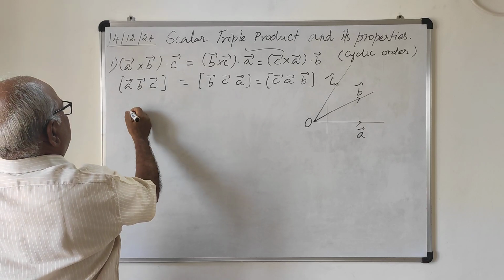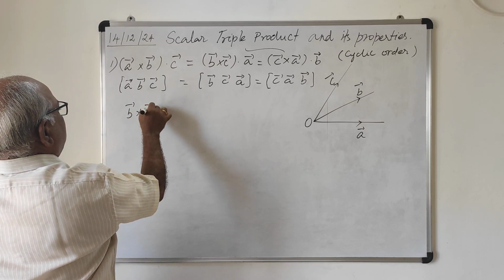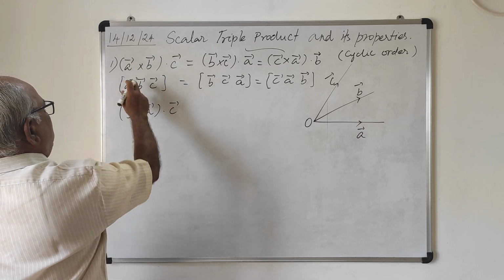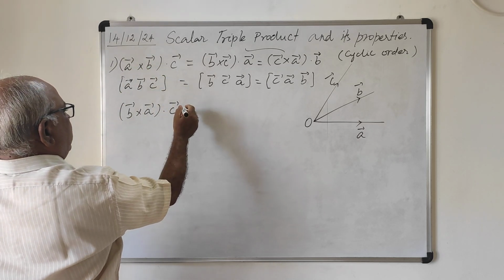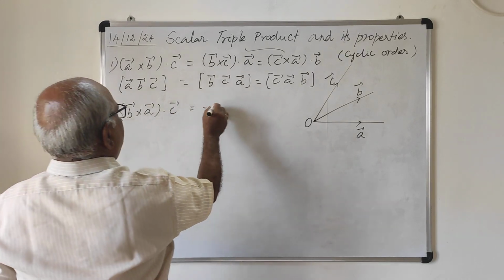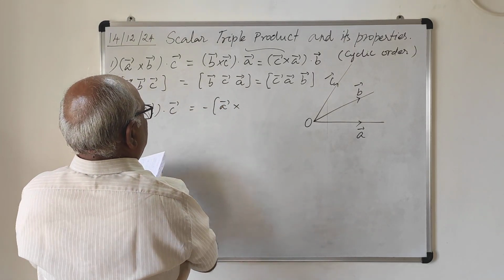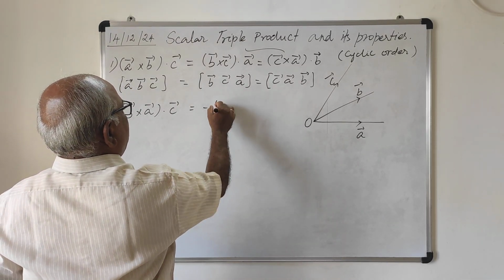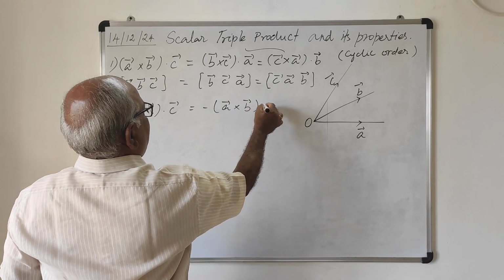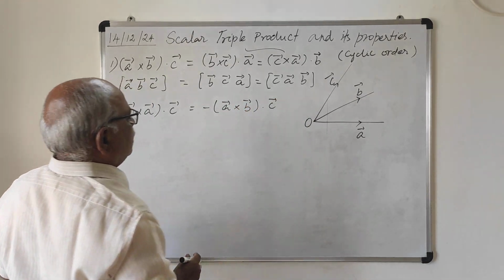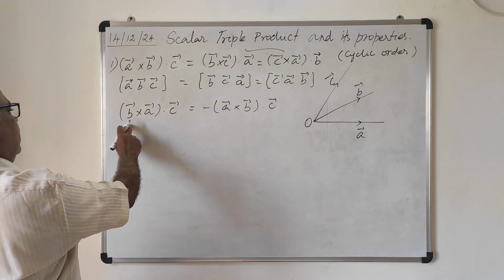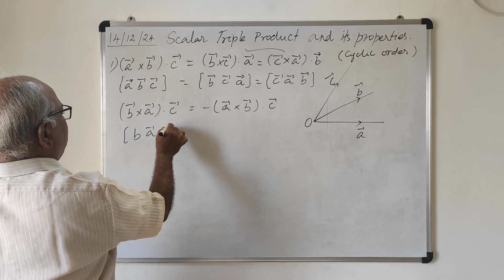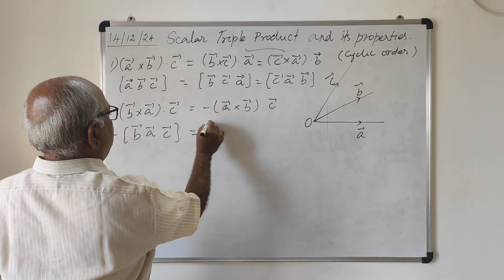Suppose A cross B dot C, if you write it as B cross A dot C, this changes the cross product A cross B. B cross A is equal to minus of A cross B, so it is minus of A cross B dot C. The sign of the box product is changed if you interchange the order: minus box BAC equals box ABC.